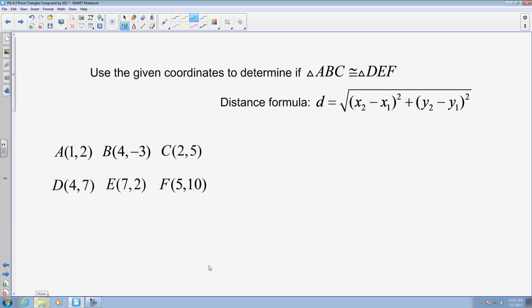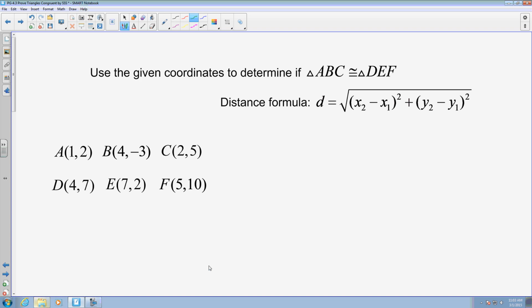Now, when it comes to using given coordinates to determine if triangle ABC is congruent to triangle DEF, we have no pictures, we have no tick marks, we have no measurements.